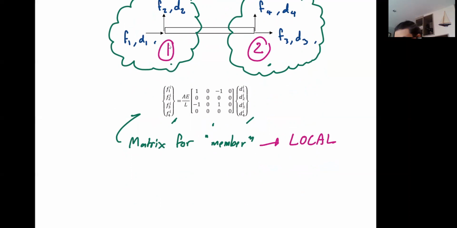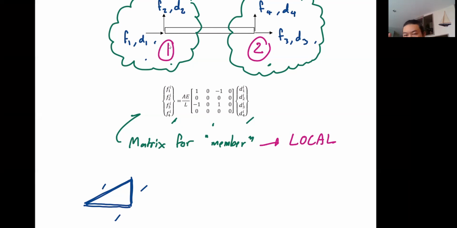So let's say in a truss system, one member is in this direction, another is in this direction, another is in that direction. How could you use just one coordinate system to handle these 3 members, which lie in different directions?